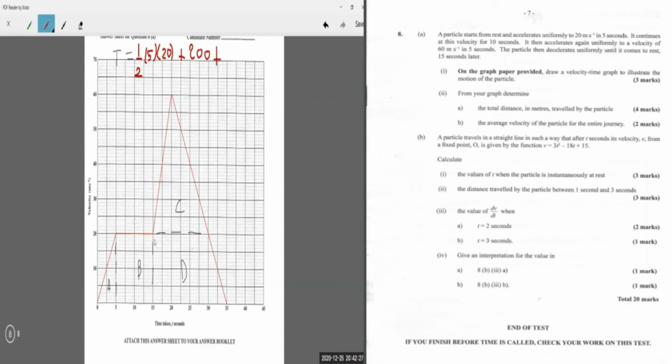C is a triangle with a base from 15 seconds to 30, which is 15. So the base is 15 and the height is 40. So this is plus a half the base of 15 times the height of 40. All right, then finally D, and D is known as a trapezium.